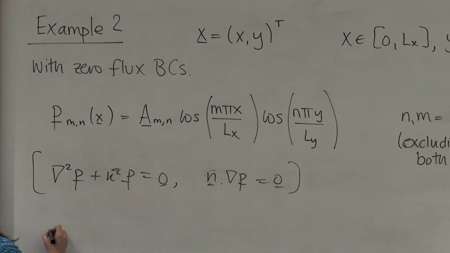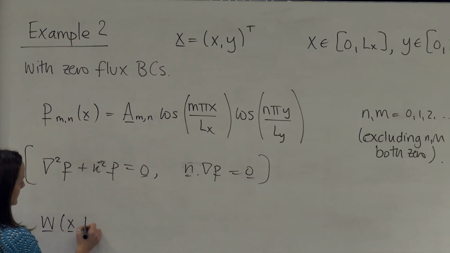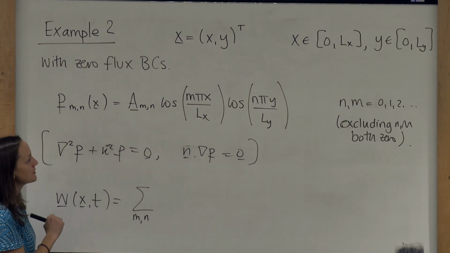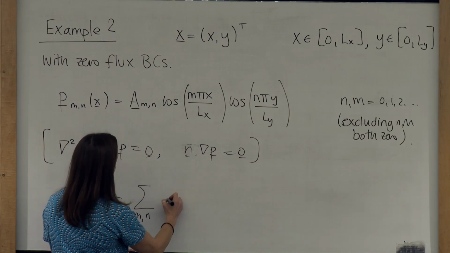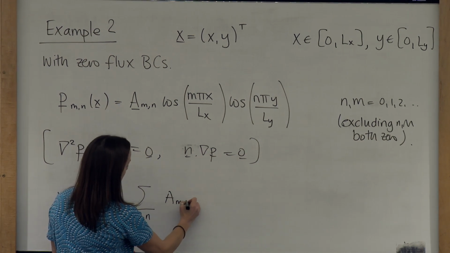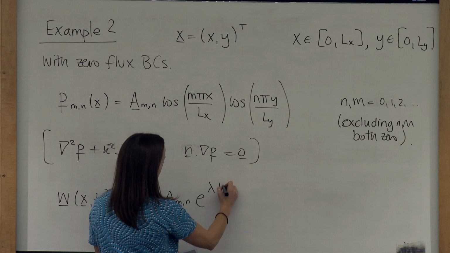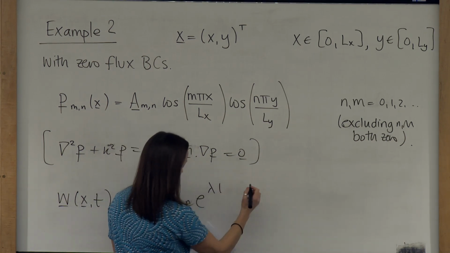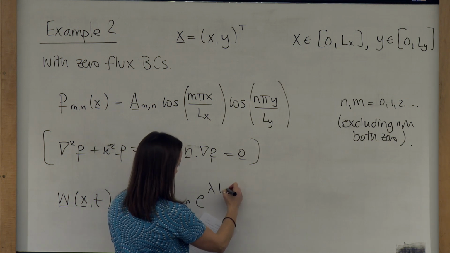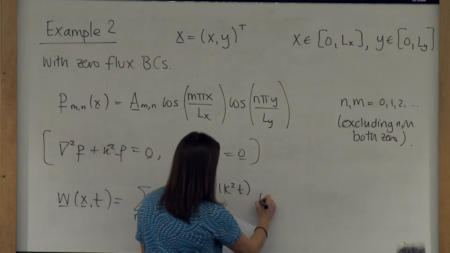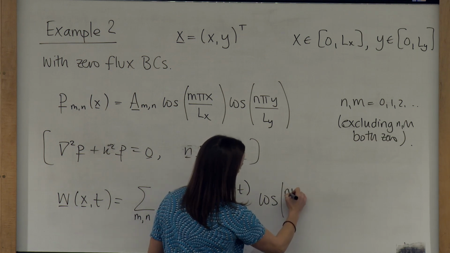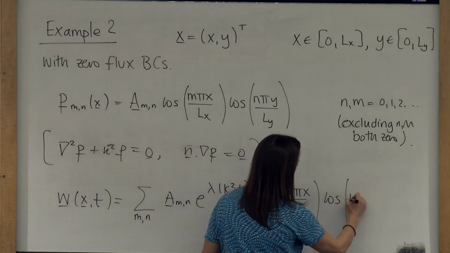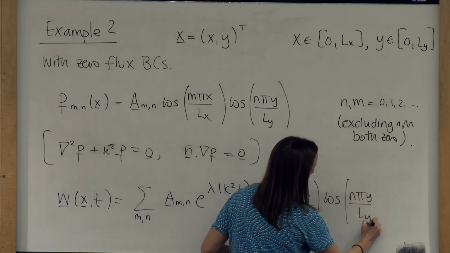And so again, our general solution, w of x and t, is equal to the sum over the allowable values of m and n, which we just discussed, A_mn e to the lambda of k squared t, times cos m pi x on Lx cos n pi y on Ly.